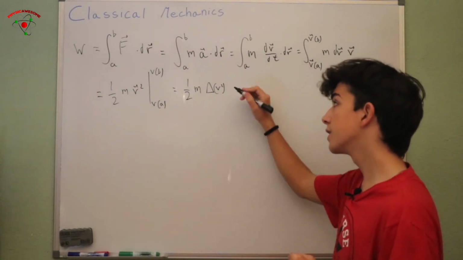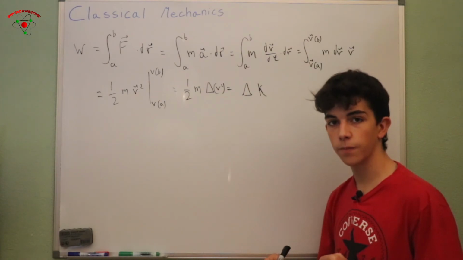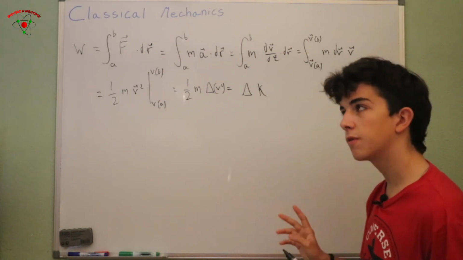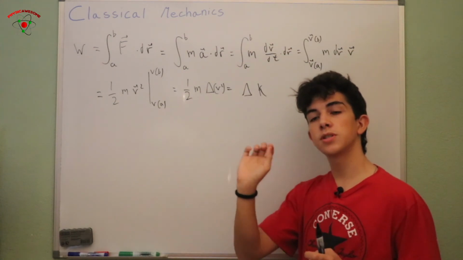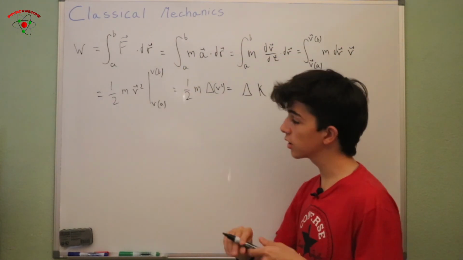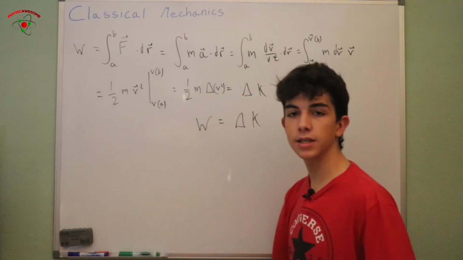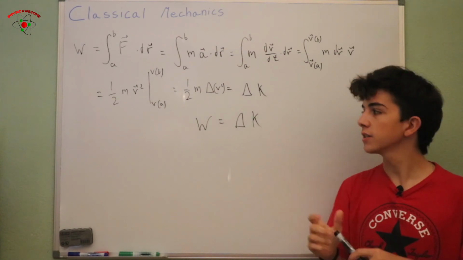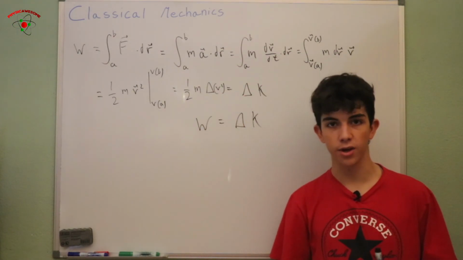And we see this is the change in kinetic energy. Therefore, we have found that kinetic energy is defined in a precise way such that work equals the variation in kinetic energy. And this is the work-kinetic energy theorem.